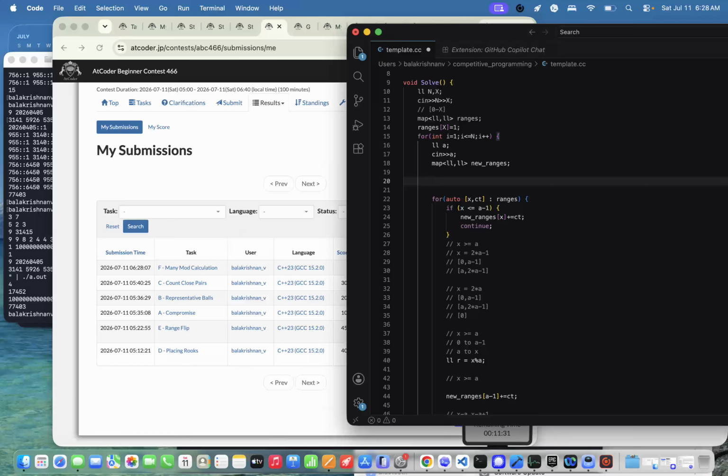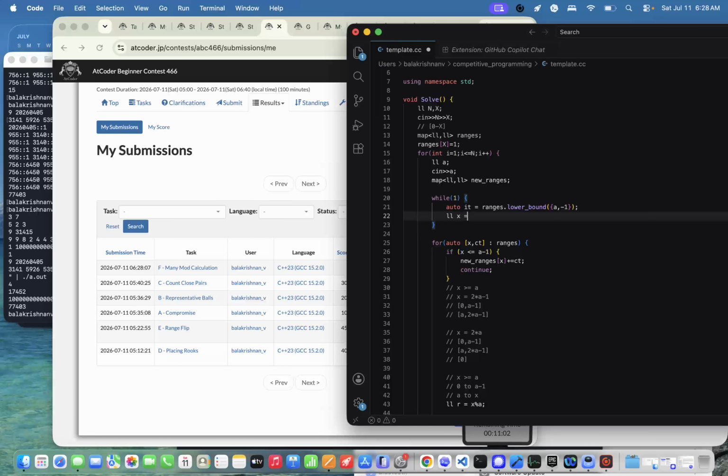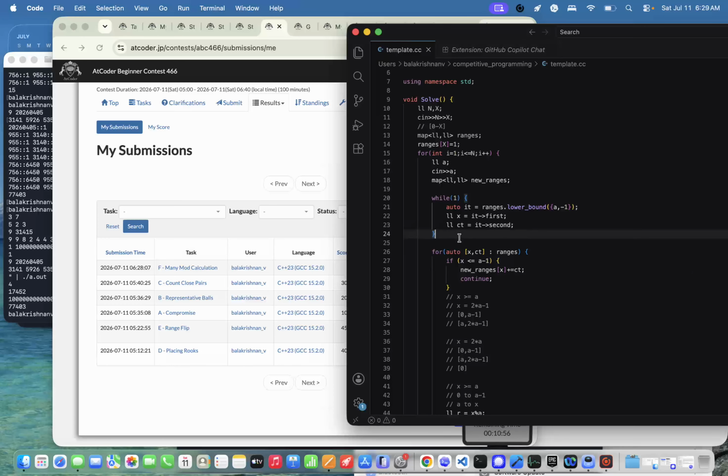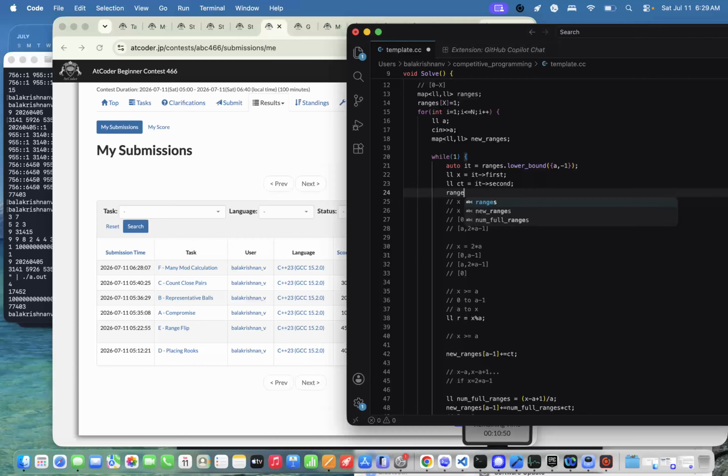So what you do is find auto IT, ranges dot lower underscore bound of needs to be at least a comma minus 1. Residual IT first, LCT is 90 second. Okay, ranges dot arrays of IT.